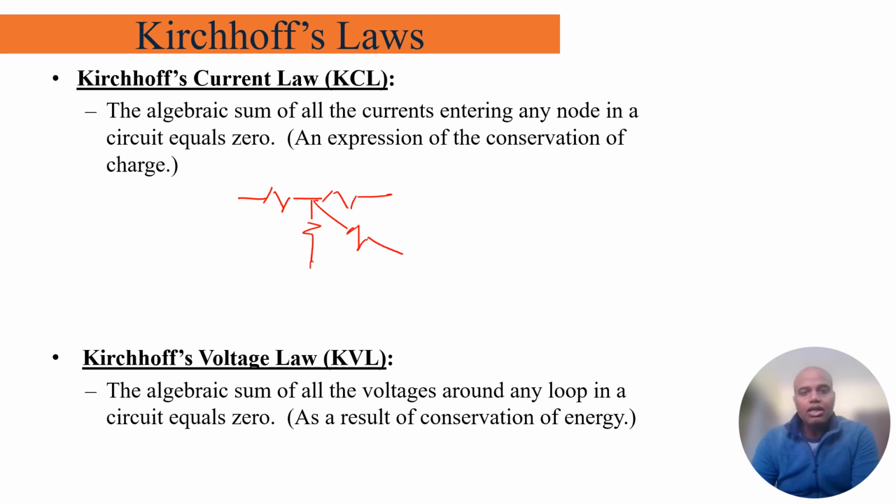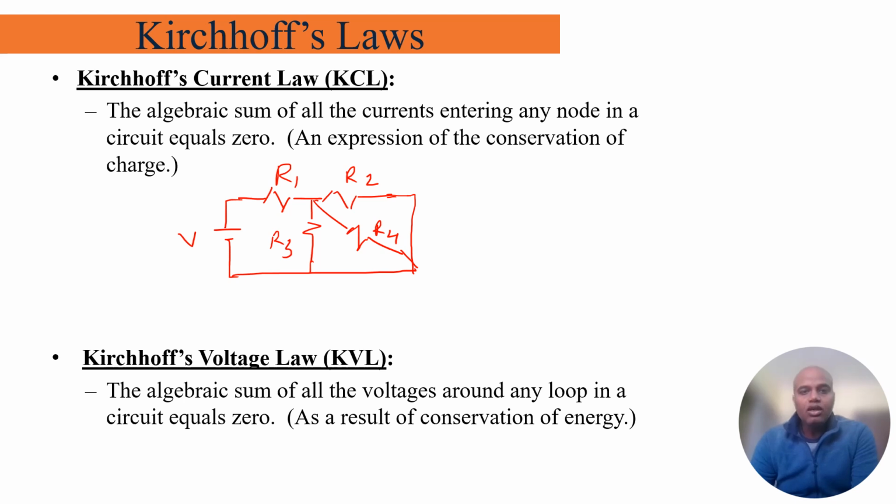Now this is one complete circuit. Here in this circuit, I have one voltage source, let's say this is V, and we have resistances connected in this fashion.